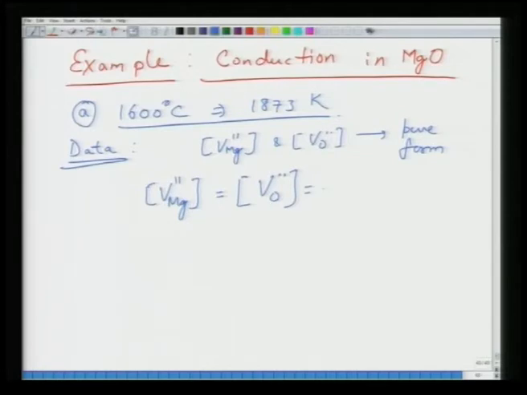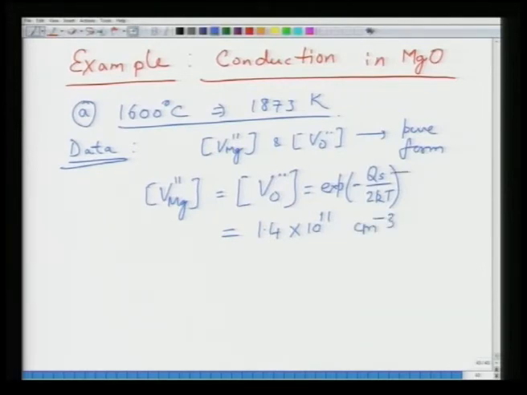You can calculate it using exponential minus Qs, or delta Hs, divided by 2kT. For a given value of Qs, we have looked at the values earlier, and this works out to be 1.4 into 10 to the power 11 per centimeter cube.